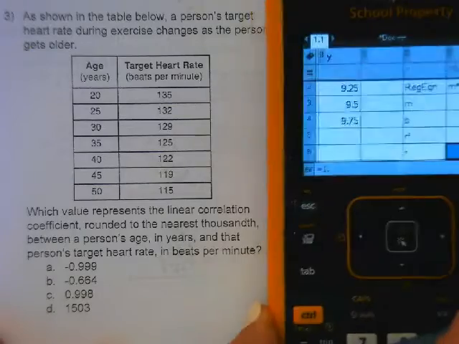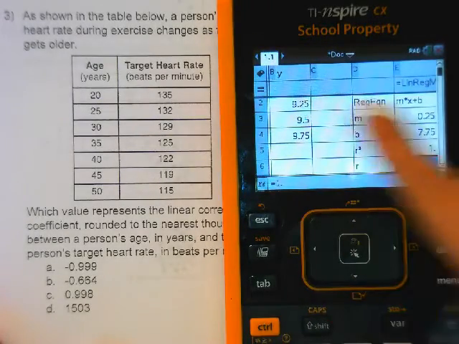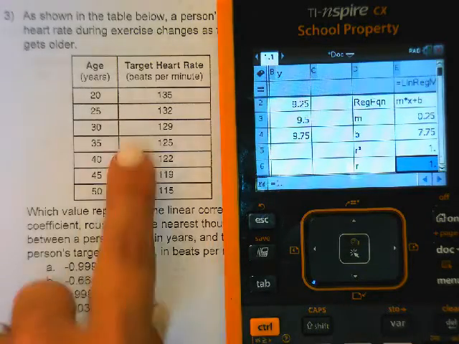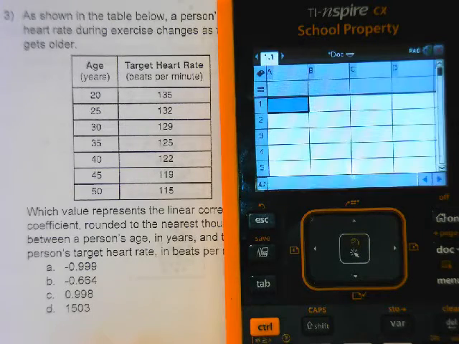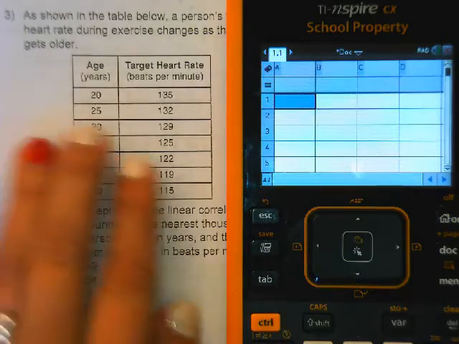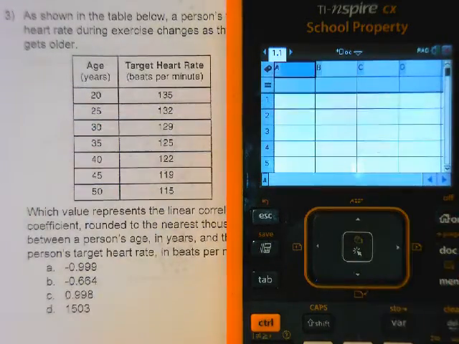Okay. Now, when you do this, notice we already have this going on. We do not want any of what we put in before to mess up our current problem. So we're just going to do a new document again. Don't even make a new sheet, because that is going to mess up everything. So this table is going to show a person's heart rate during exercise, and it changes as they get older. I will attest to that.